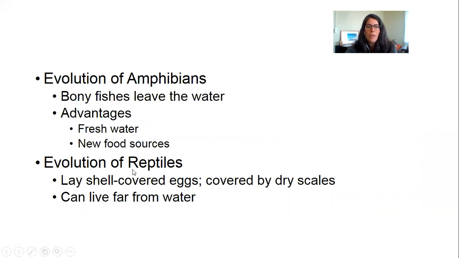From there, we see the evolution of reptiles. They lay shell-covered eggs. They can live far from water because now the water environment is inside the shell-covered eggs. So they're able to move further from bodies of water.